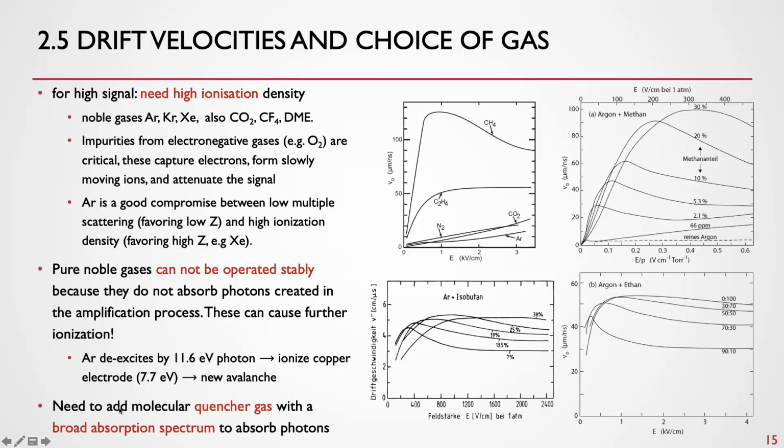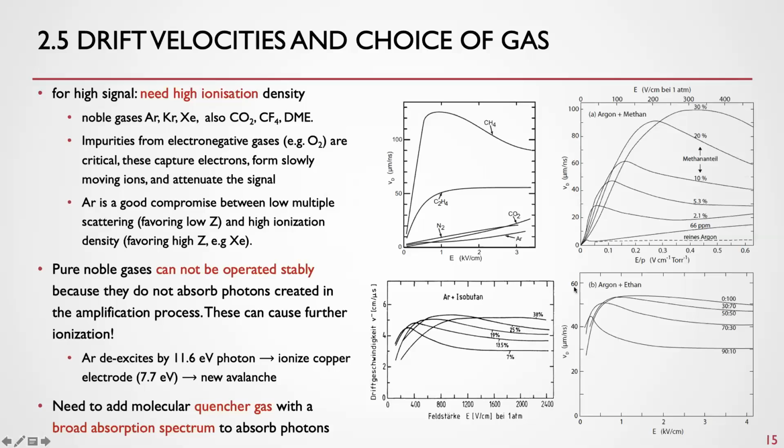So one needs to add molecules that absorb the photons. Those are called the quencher gases, as we've discussed, briefly at least. And the characteristic feature of these is a broad absorption spectrum. So here we have methane, for example, ethane, and isobutane.